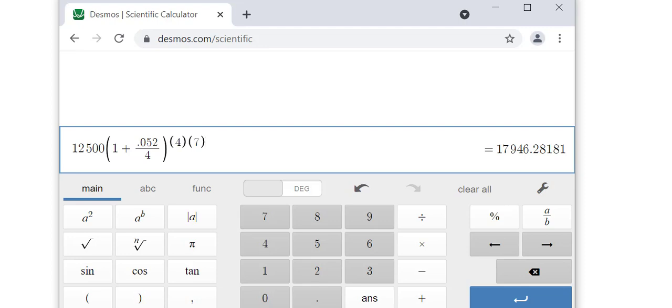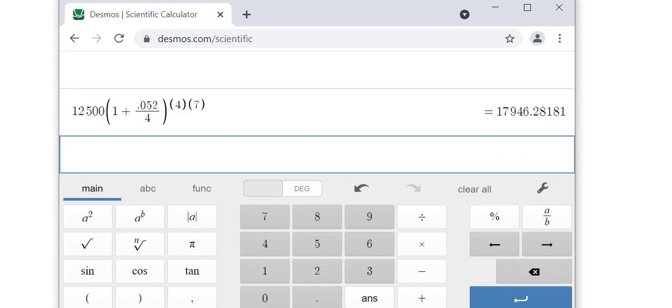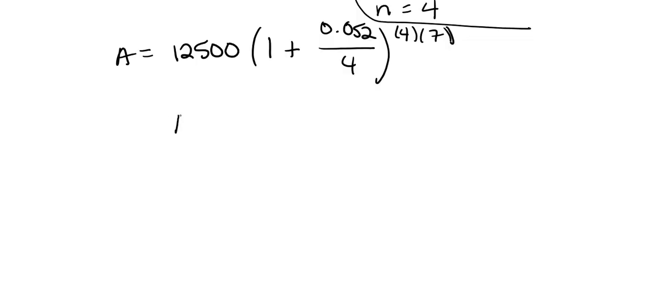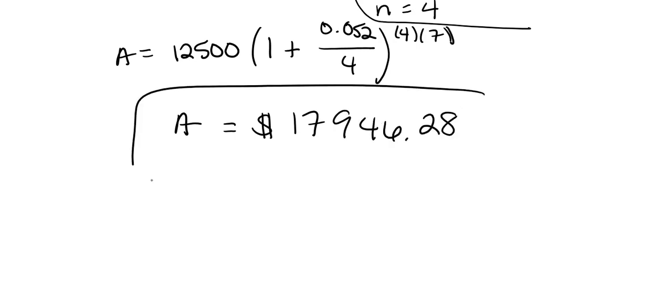So we did our calculation. It just calculates for you. It's really nice. You don't have to press enter. But if you did, that's what it would look like. It just submits it as a whole line. So let's go ahead and write that. 17,946 and 28 cents.